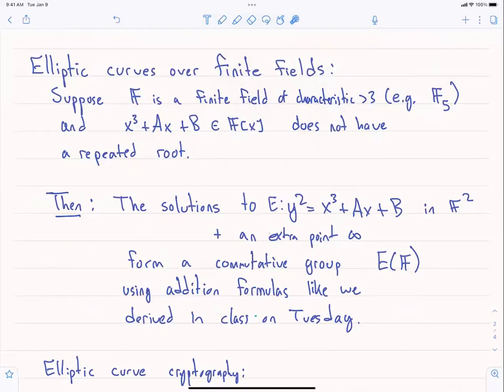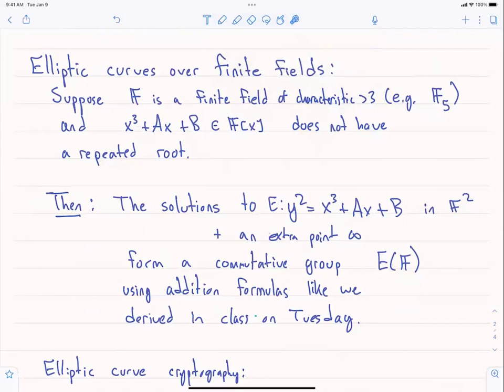And since you can do adding, dividing and multiplying in any field, these formulas work just as well in this setting, where your coordinates now have entries in this finite field F, and A and B are in this finite field F, and so on. Everything will still work out very nicely, and you'll get addition laws, and they really will turn this into a group.